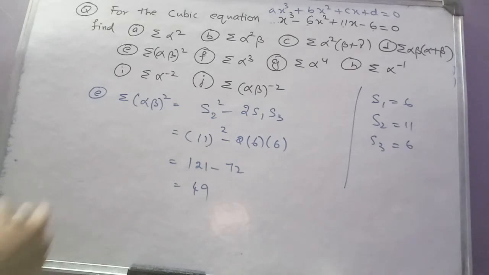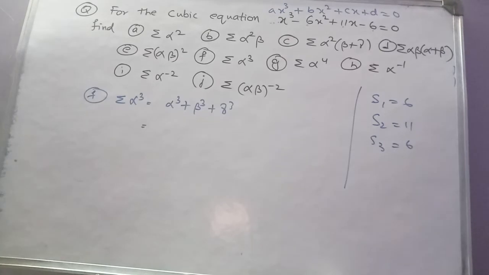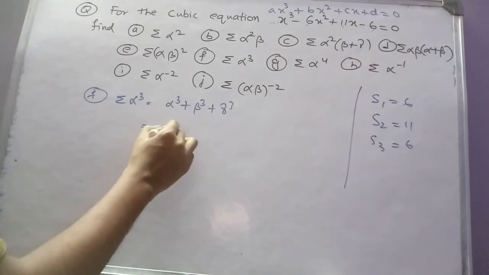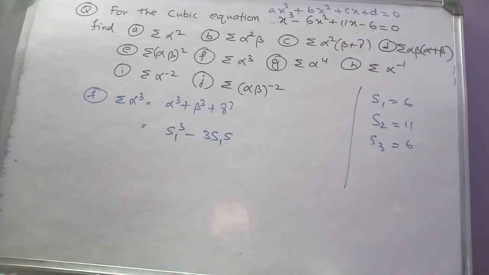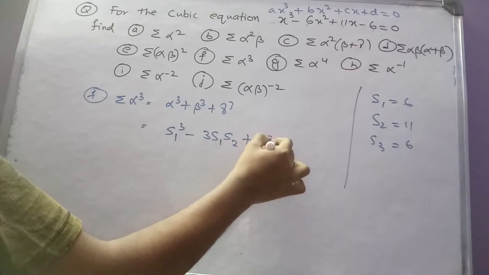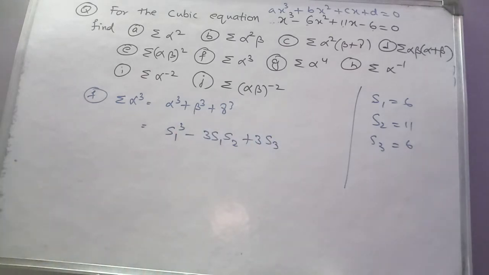And then we'll see what is sigma alpha cube, the next one. What is the formula for sigma alpha cube? It is s1 cube minus 3s1 s2 plus 3s3. This is the formula for alpha cube plus beta cube plus gamma cube.